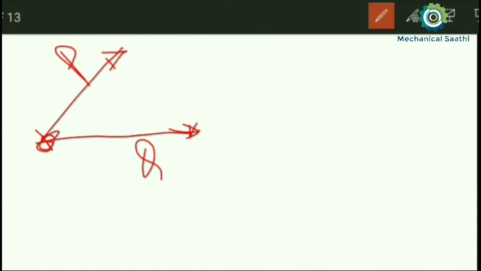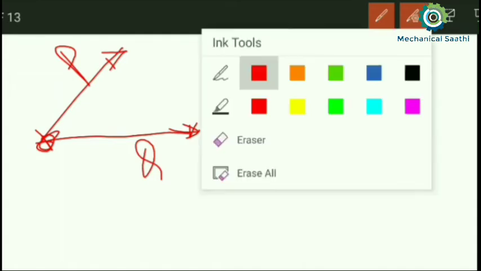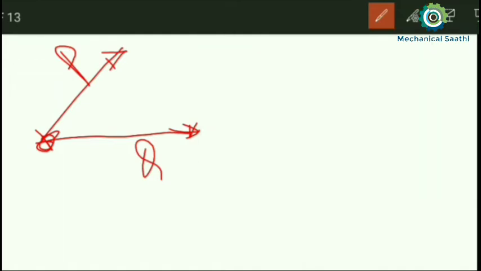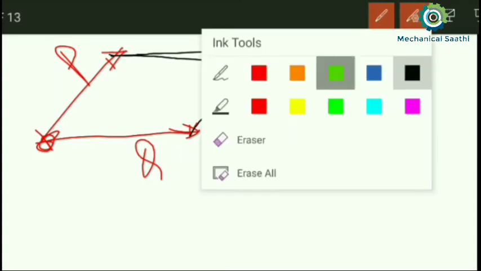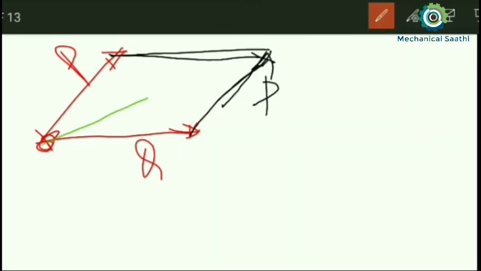So I can construct a parallelogram like this. Let this be Q, this magnitude is Q, and this is P. So we have constructed the parallelogram. This will be the diagonal passing through this point, and this diagonal will be represented as R.